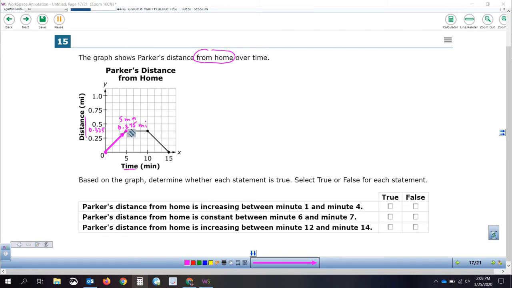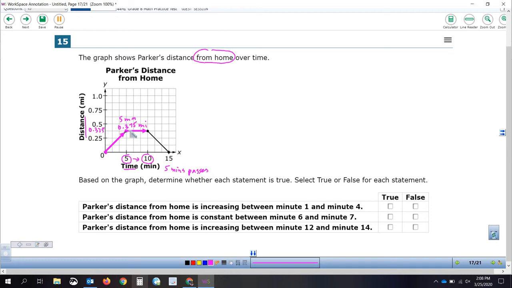Now, what is happening right here? Two things are happening. Time is passing. We went from 5 minutes to 10 minutes. So what happens? 5 minutes passes.